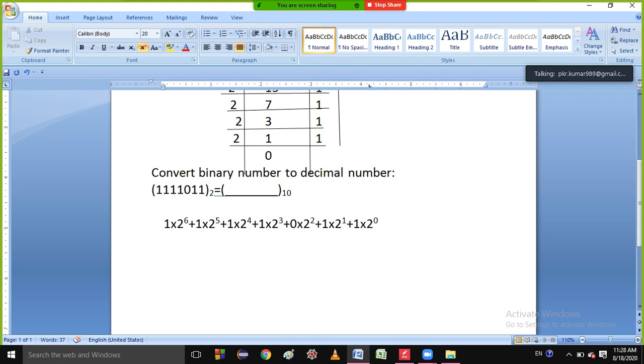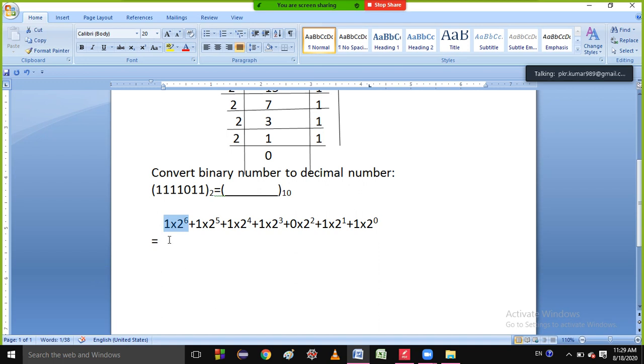Okay, very nice. So students, just calculate it. 2 power 6, what is the value of 2 power 6? Tell the answer, students. 1 multiply 2 power 6, what is the value of this one?